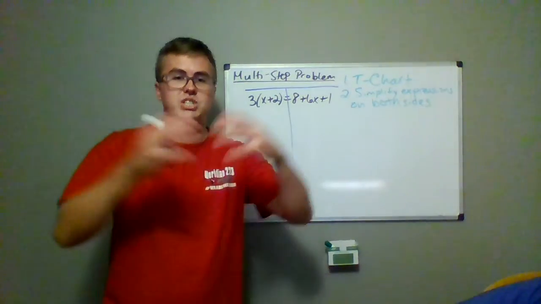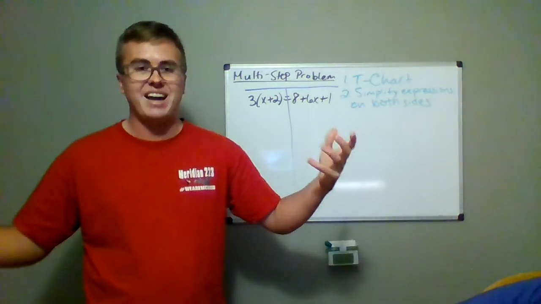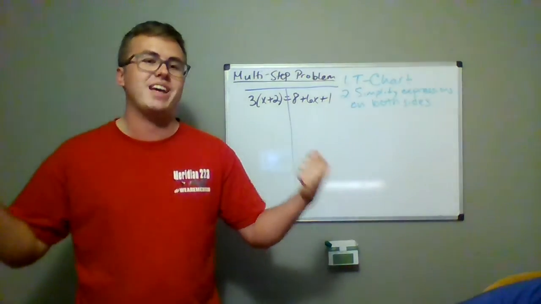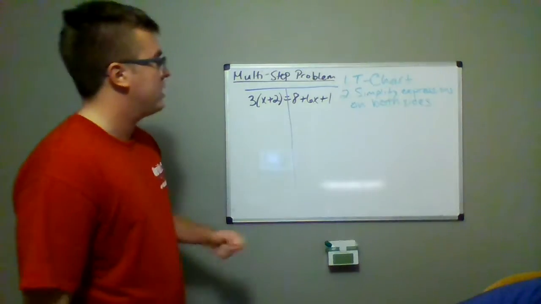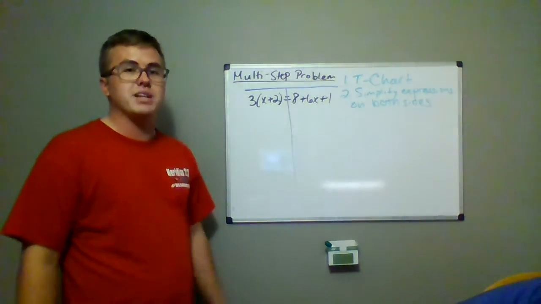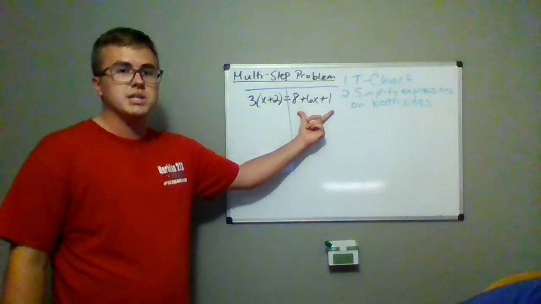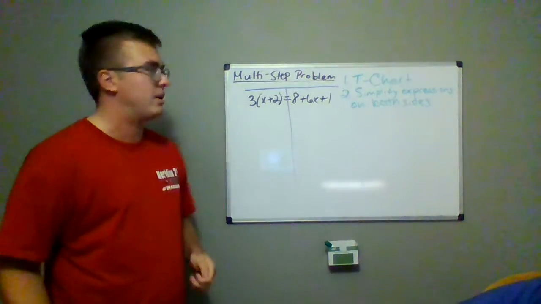Remember, an expression is just a bunch of terms together. An equation is when you throw an equal sign in there and you have that truth statement to it. So that's why we use our t-chart, because we're going to simplify this expression, and then we're going to rearrange it some.